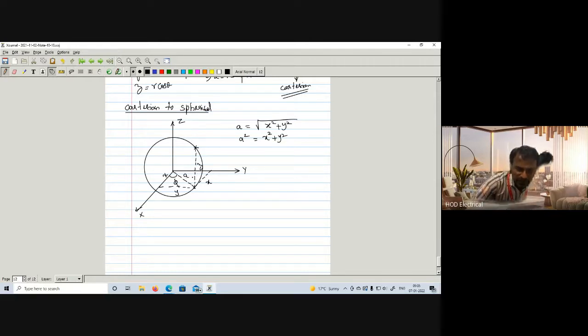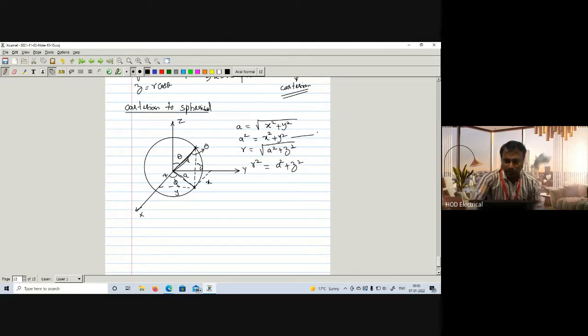Then this distance will be r, this angle will be theta, therefore this will also be theta. Here r is the hypotenuse, the opposite side is a, and z is the adjacent side. Therefore we can write r is root of a square plus z square, or otherwise r square equal to a square plus z square.